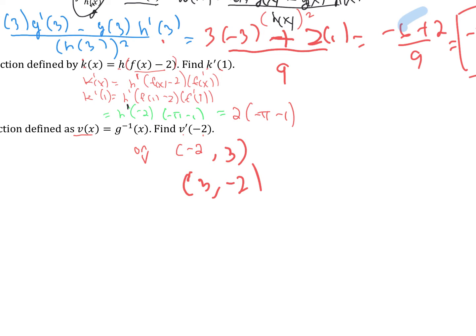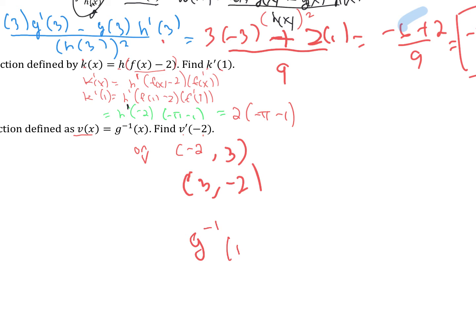So we want the derivative of g inverse. Why is it not writing again? G inverse of, no, it was not 1, it was of g inverse of negative 2, because g inverse is v.